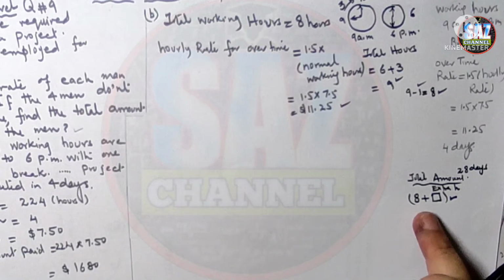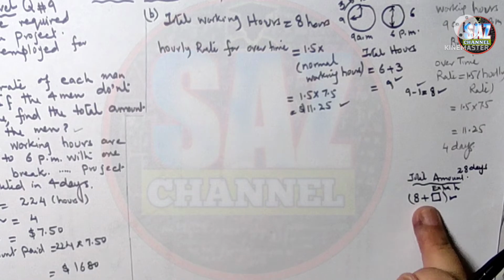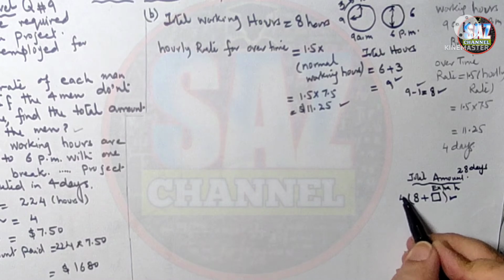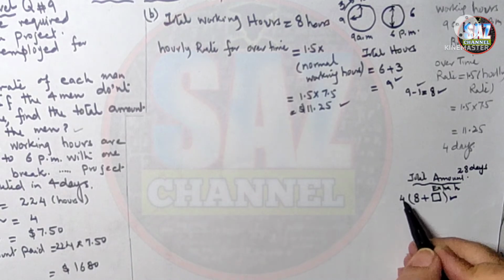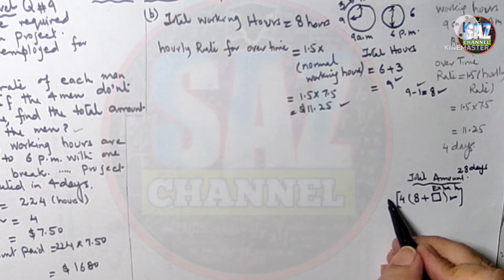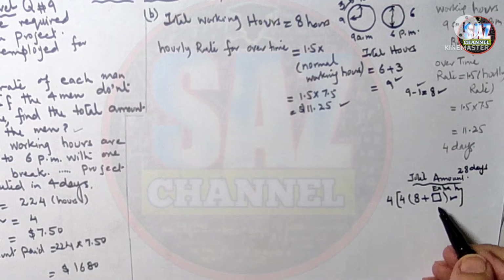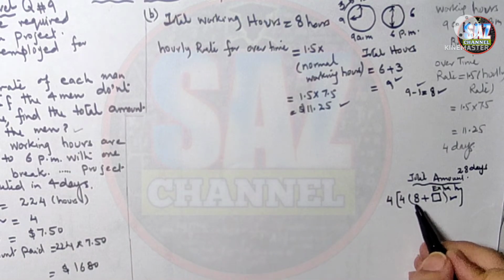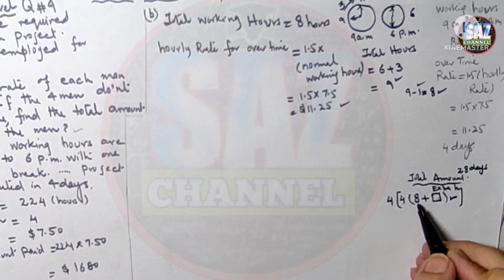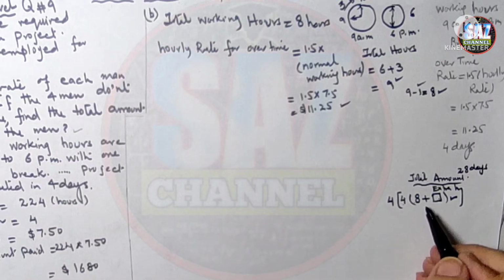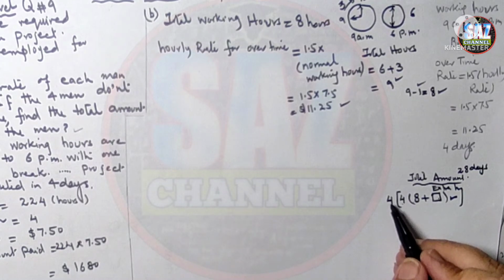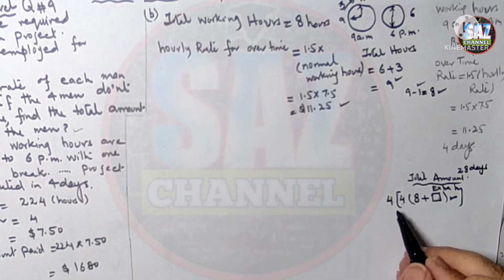For 4 men, the total time will be this expression multiplied by 4. Why multiply by 4? Because multiplying 8 plus extra time by 4 gives the total time by the 4 men, and then we multiply that again by 4 because we have to finish that project in 4 days.